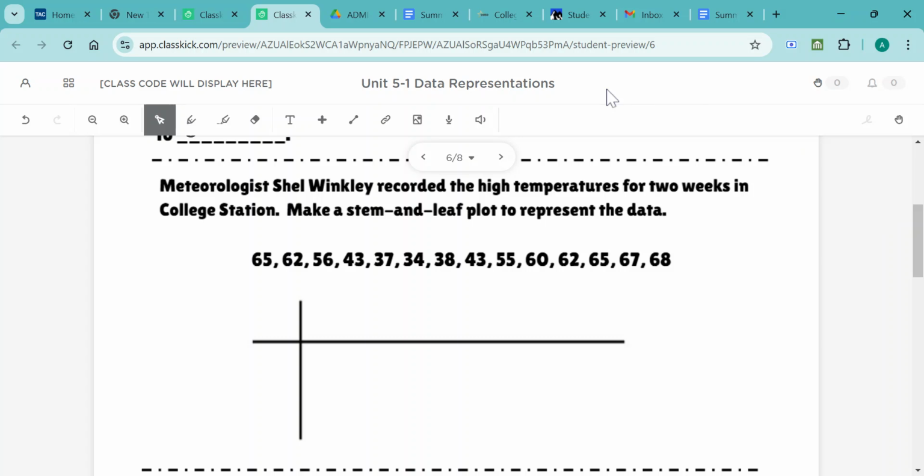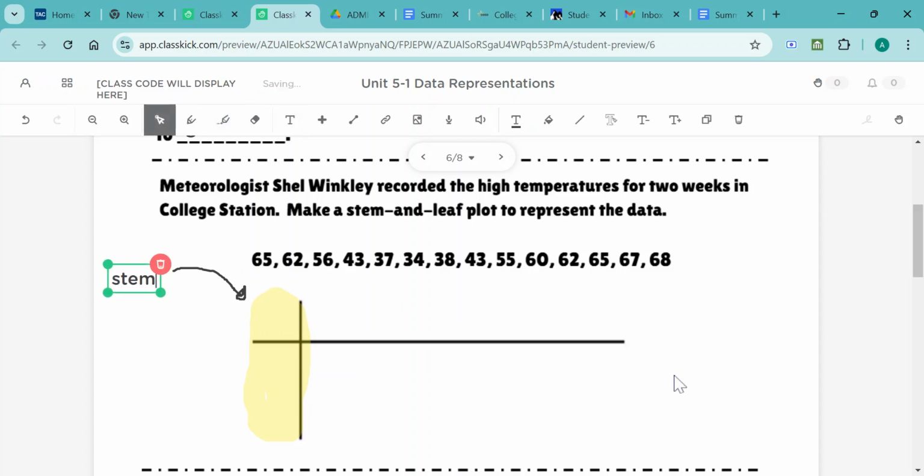Okay, so how do we make a stem and leaf plot? Well, we have a few parts, so I'm going to label them. This whole front part that I'm highlighting, this is called the stem, right? Think of it like a plant. You have your little plant with the stem, and then what grows off of the stem? All the little leaves.